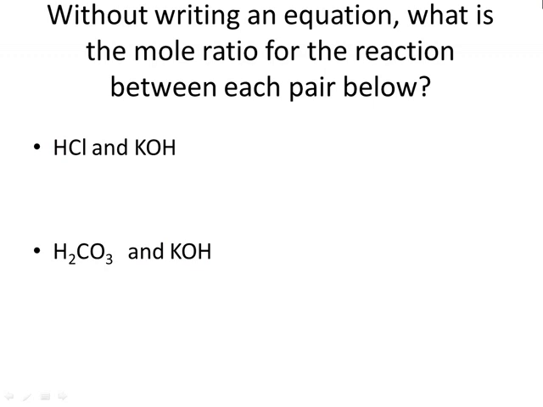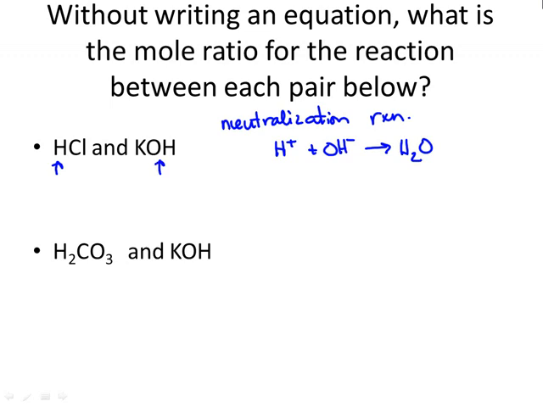Without writing an equation, what is the mole ratio for the reaction between each pair below? So in this case, we've got HCl and KOH, and this is really getting at a neutralization reaction. And all neutralization reactions boil down to H plus and OH minus making water. So I'm really looking at the ratio of how many H's I have to how many hydroxides I have.